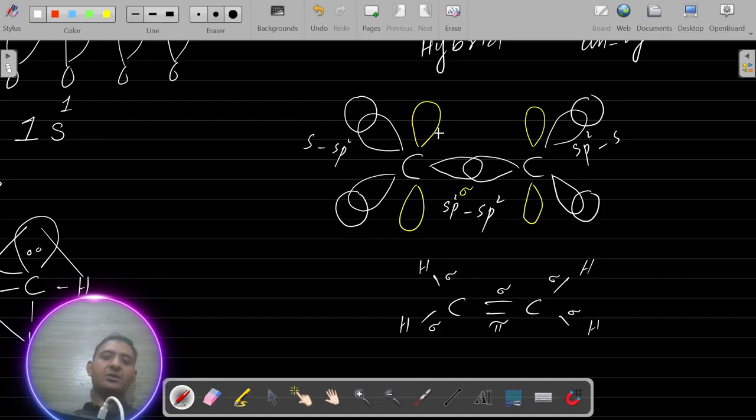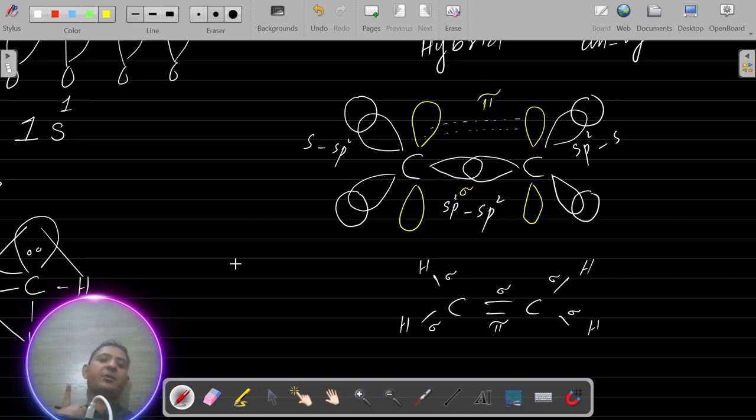So what about this unhybrid orbital which is available on each carbon? This unhybrid orbital is making a pi bond. I hope you understand that a pi bond is the responsibility of unhybrid orbitals. There is side-to-side overlapping, and this side-by-side overlapping makes a pi bond.